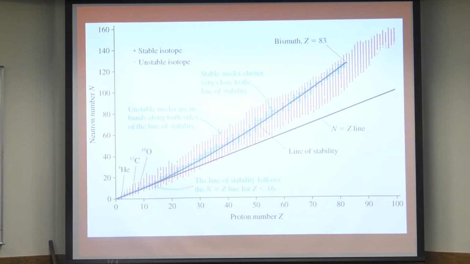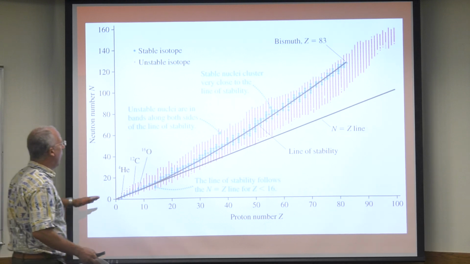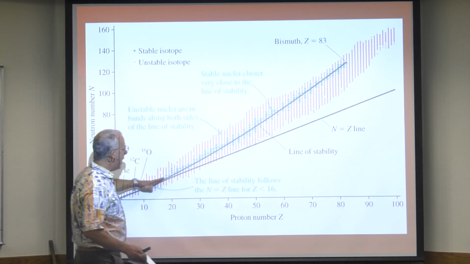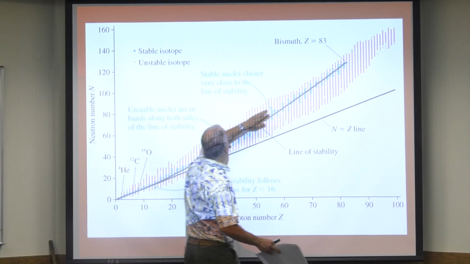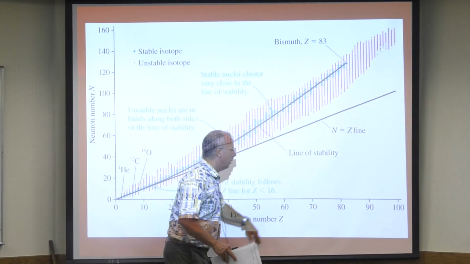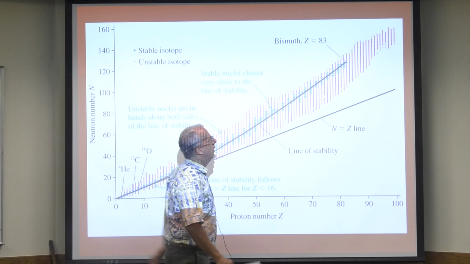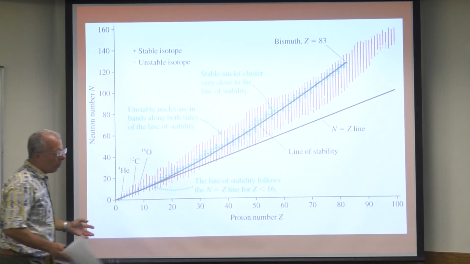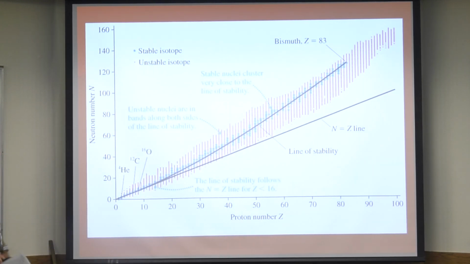Now, why do stable nuclei have many more neutrons than protons? This is what that line indicates. Why do neutrons add stability to the nucleus? We have to explain that.